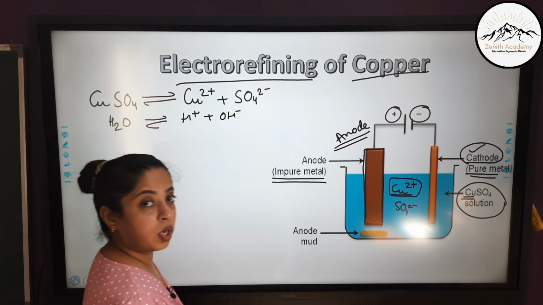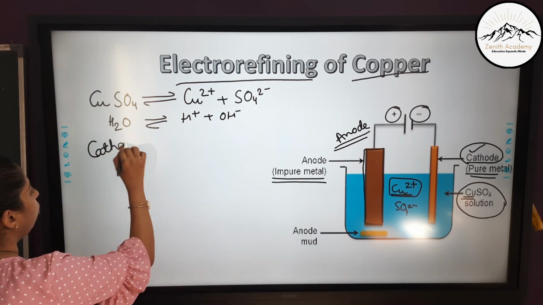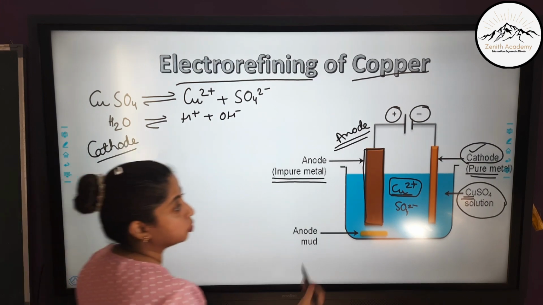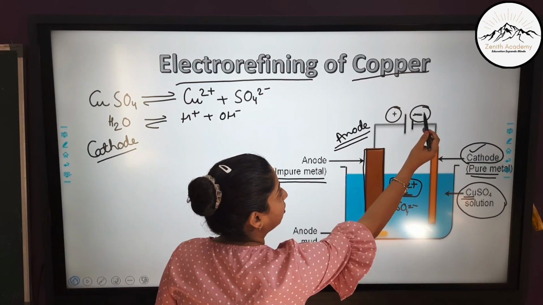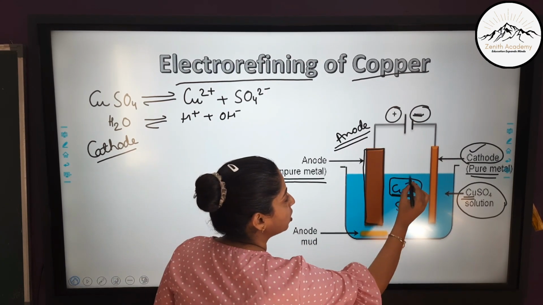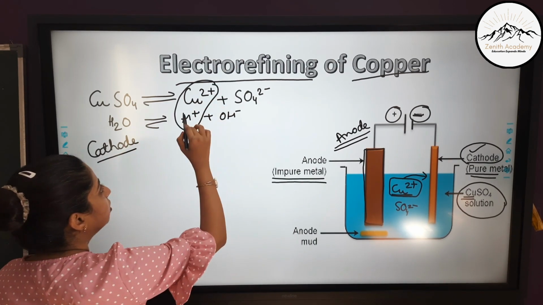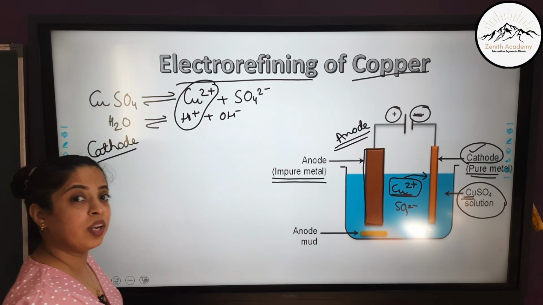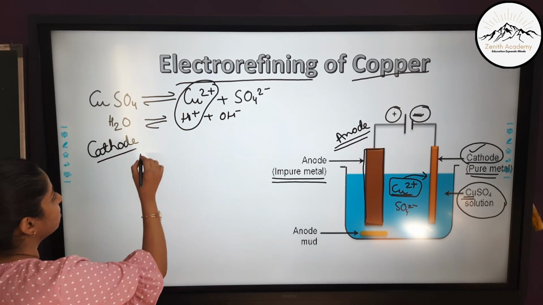Now let us see what happens at the cathode. The cathode is pure metal and it is attached to the negative terminal. So towards the negative terminal, which ions will come? The positive ions will come. Which are the positive ions? Copper and H plus. Out of copper and H plus, which will get discharged? Obviously copper, because it is lower in the electrochemical series.